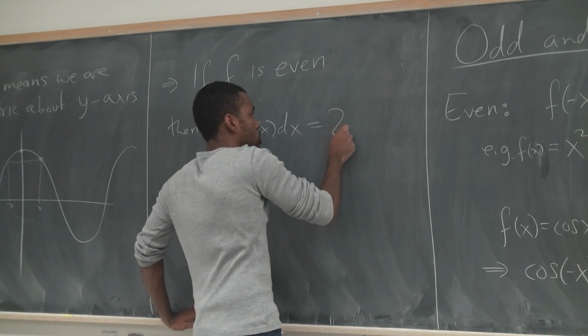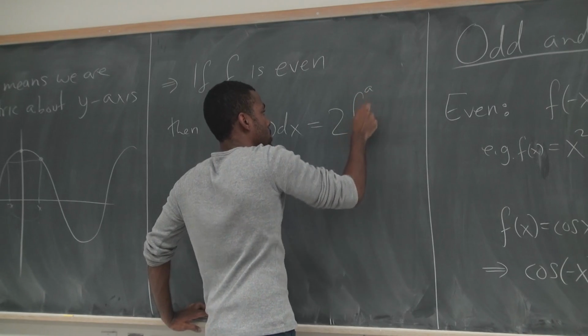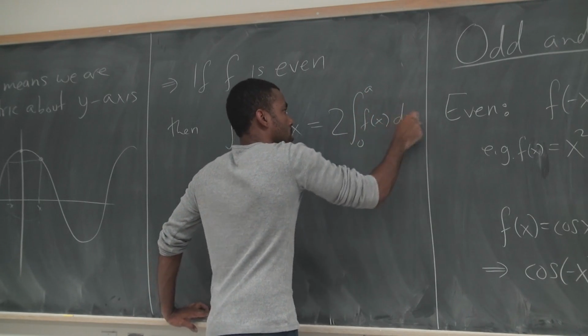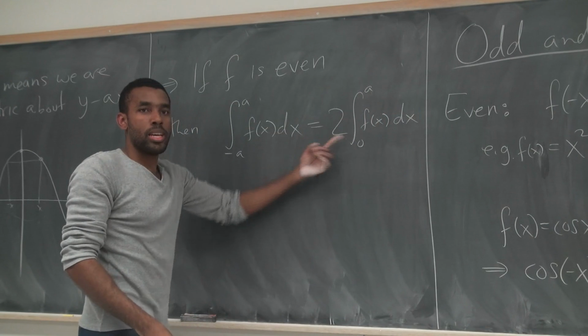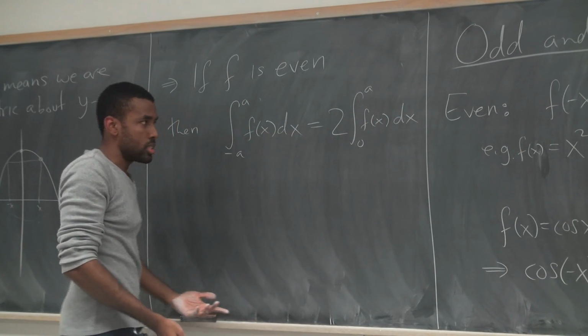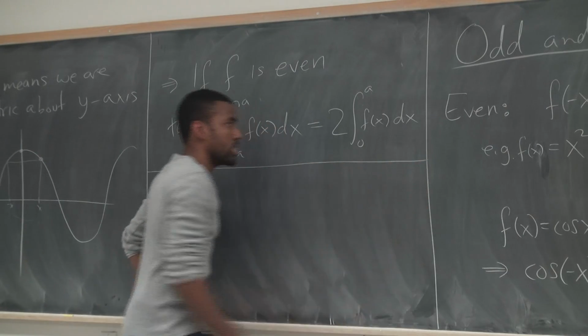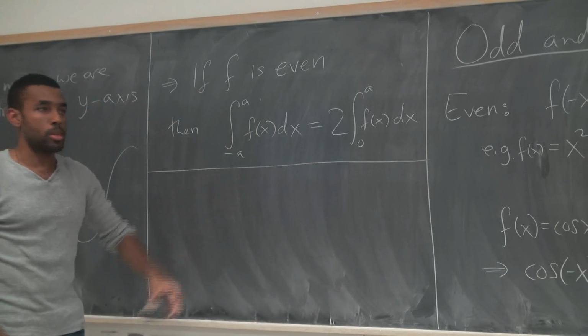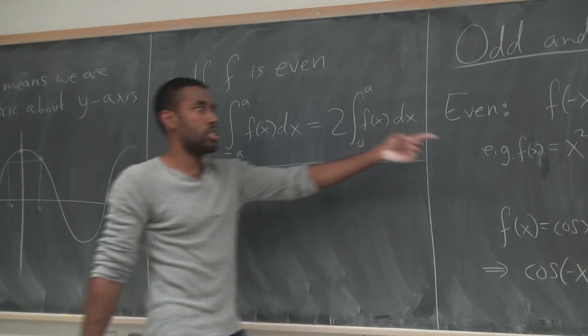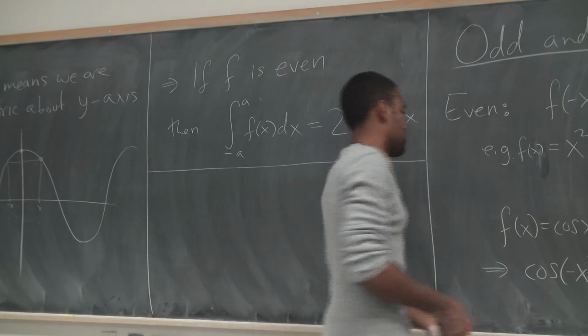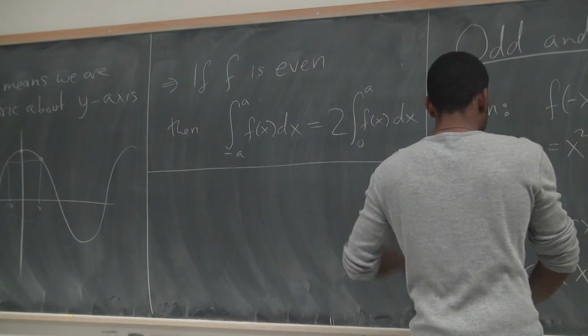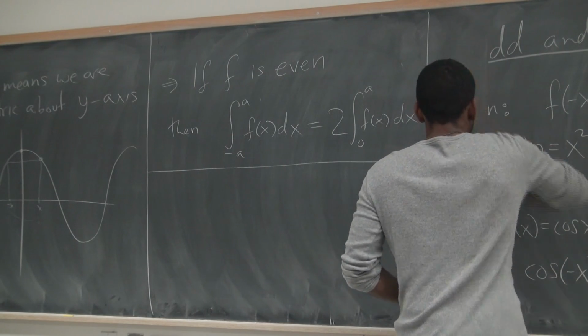You can rewrite this as 2 times the integral from 0 to a of f of x. You can only worry about half of it and just double the answer, because it's even, okay? So that's just something that will make our integration easier for us if we know ahead of time that our function is even, which is easy to check. Right? There are going to be a lot of trick questions that depend on these two things.